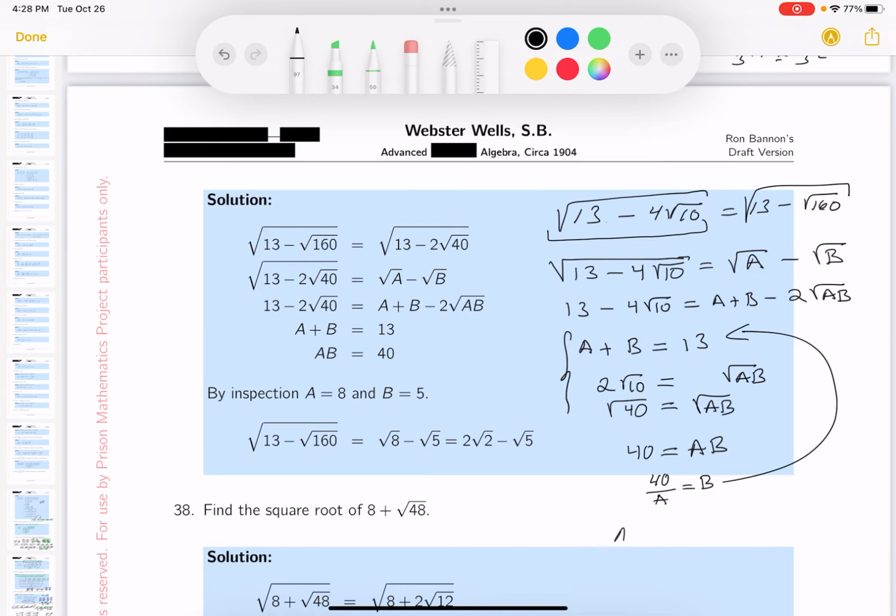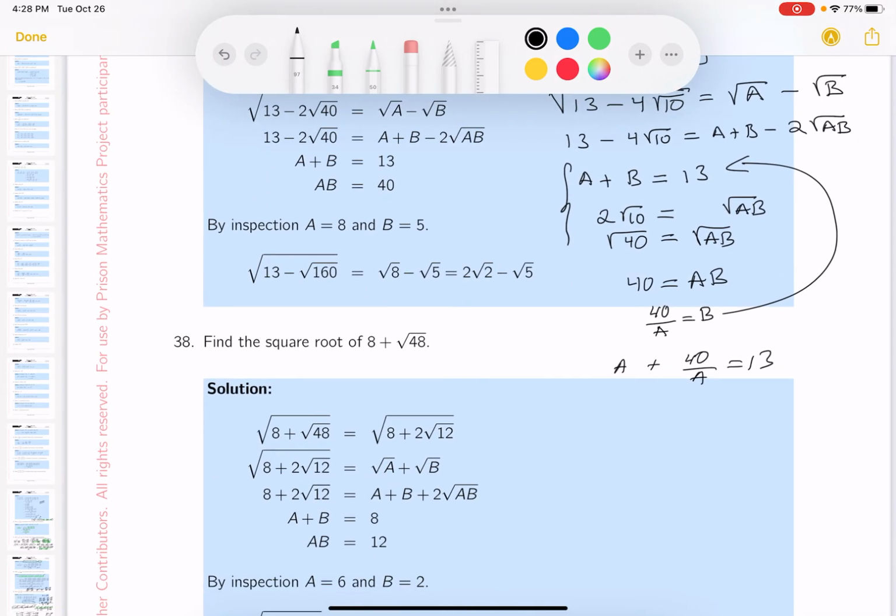You're going to get A plus B, where B is 40 divided by A, equals 13. I bet this is going to be easy to solve. Multiply both sides by A, you get A squared plus 40 equals 13A. So A squared minus 13A plus 40 equals 0.